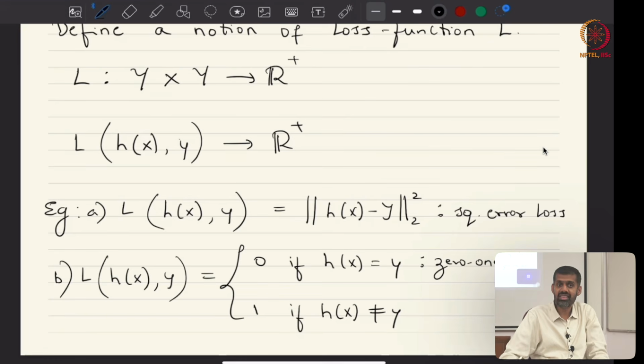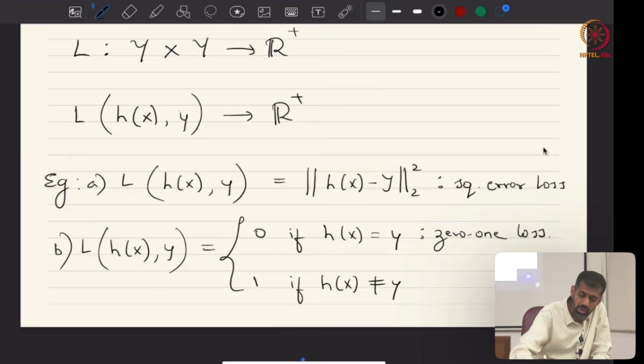This is a design parameter; one can choose what loss function one would want to operate with. I have just given you 2 examples, there can be many more, and we will see more examples of this loss function in this course. Is this clear? It is simply a function that operates on the cross product of y and gives you a positive or non-negative real number, it can also have 0 of course. And these are a couple of examples.